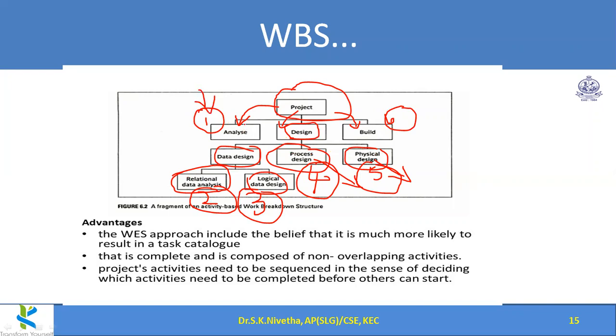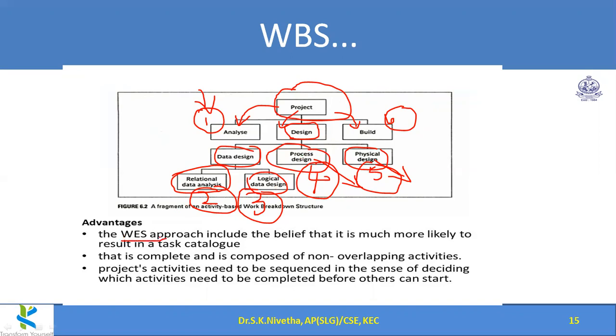If the requirements are not analyzed, we cannot start data analysis. Once data analysis is completed, then only we can do data design. Can data design and process design be done parallelly? So likewise, they have to do some decision making. That is to be carried out.